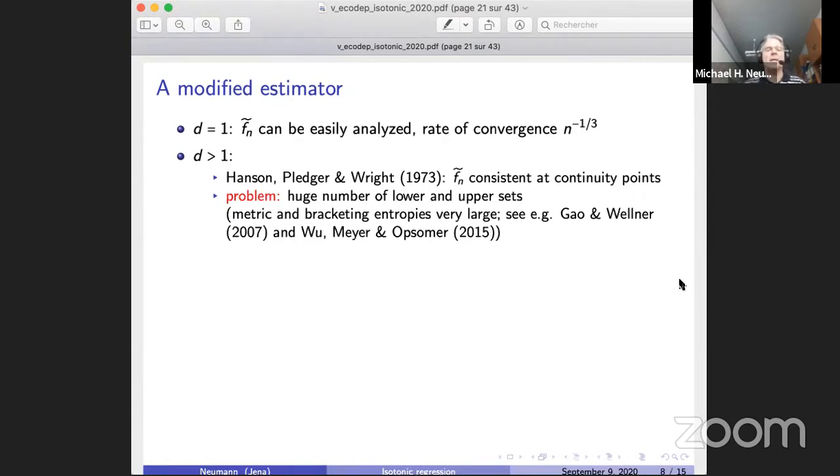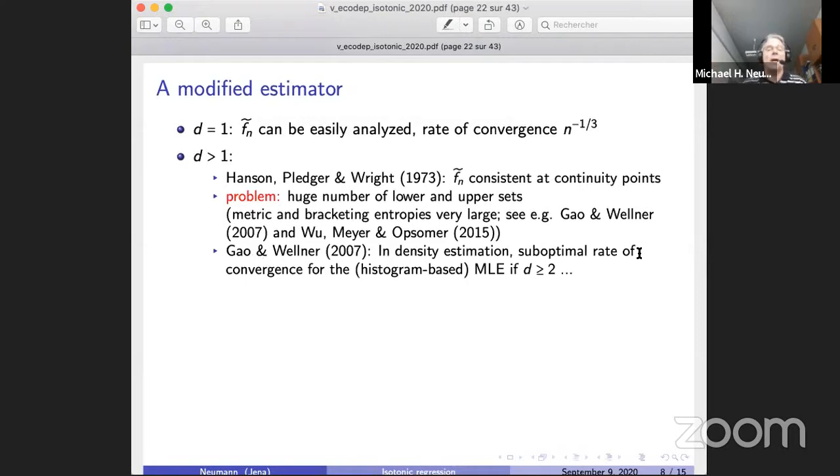The problem is there exists a huge number of lower and upper sets, or in other words, entropies are very large, and this is basically the reason why we were only able to prove suboptimal rates of convergence in this context.